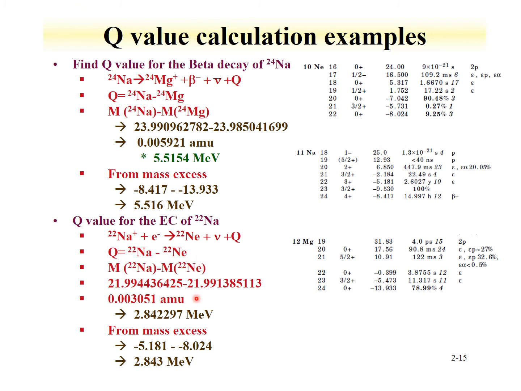Again, from the mass values, we get the difference in the AMU, 931.5 MeV per AMU. From the mass excesses, we can pull the mass excesses out of here: sodium-22 and neon-22.